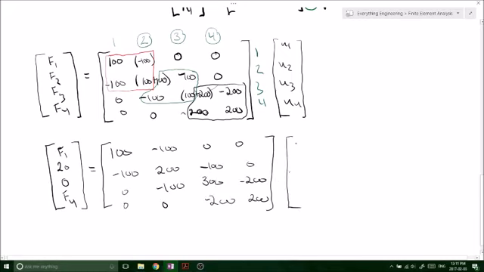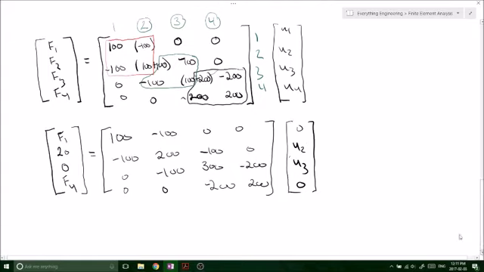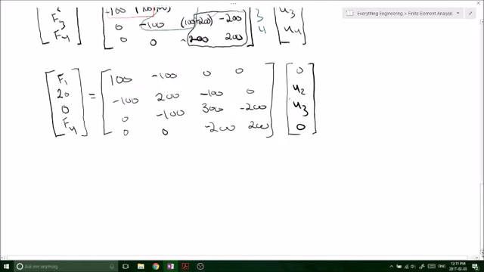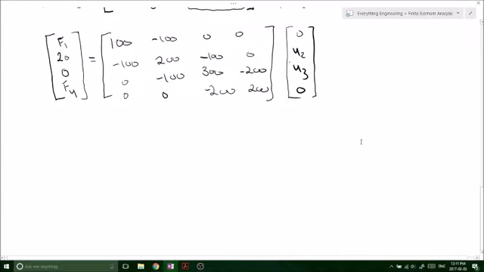And now we know that U1 is 0, fixed support, U4 is 0, fixed support, and U2 and U3 are unknown. Okay, so now what we need to do is calculate U2 and U3. By doing so, we can rearrange this matrix, because in our displacement vector we have a 0 component in the first slot, and also the fourth component is another 0.